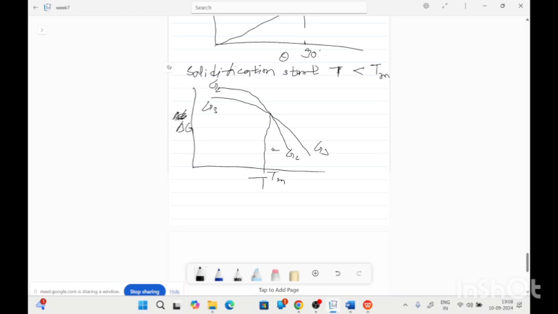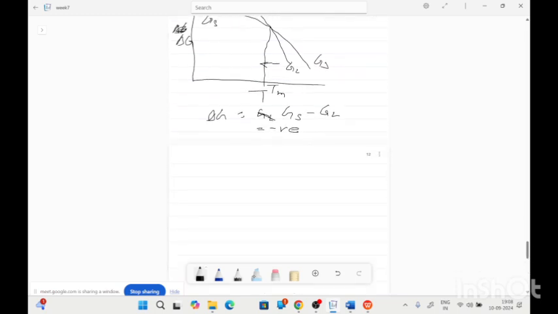Below Tm the free energy of Gs is less than the free energy of liquid, so the difference Gs minus Gl will be negative, and as the free energy decreases, the negative free energy value favors the solidification to start.